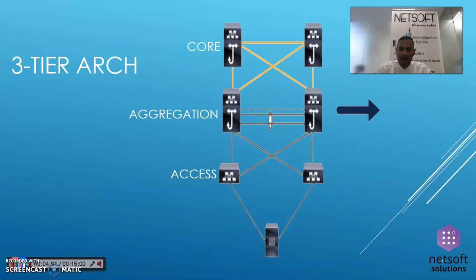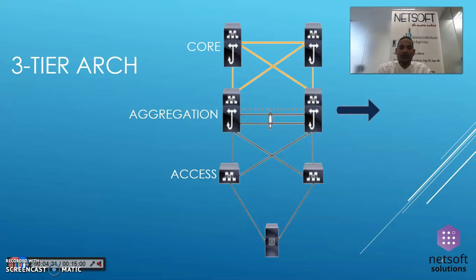What you can see in the difference between the 3-tier architecture and the spine and leaf architecture is that in the 3-tier architecture you have three dedicated levels for three different functions. The access layer is basically used to send queries and get replies from your servers to the core, so it handles basic switching.